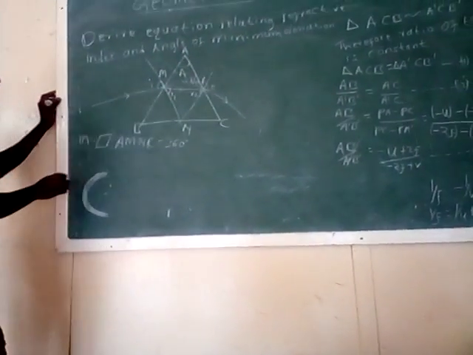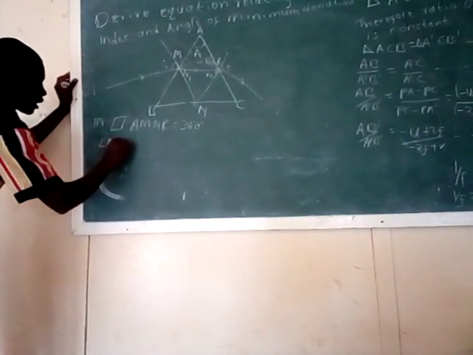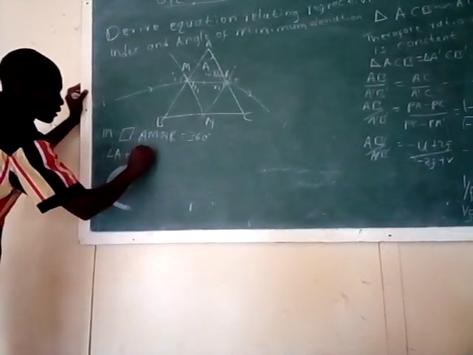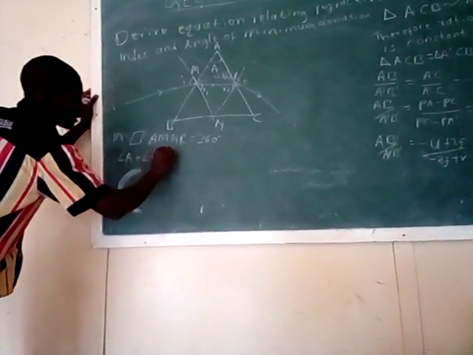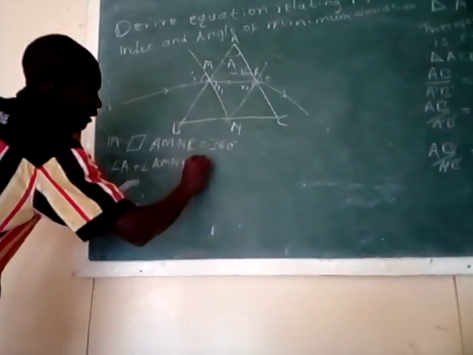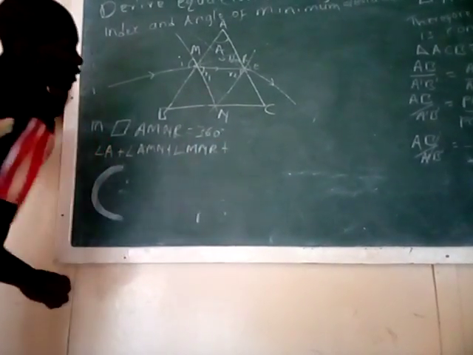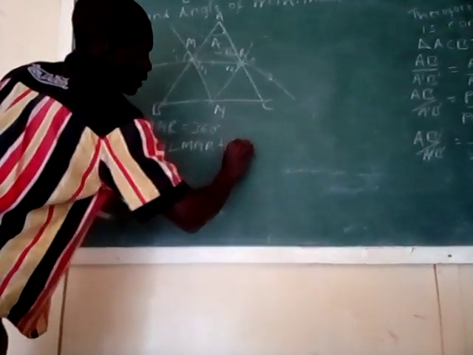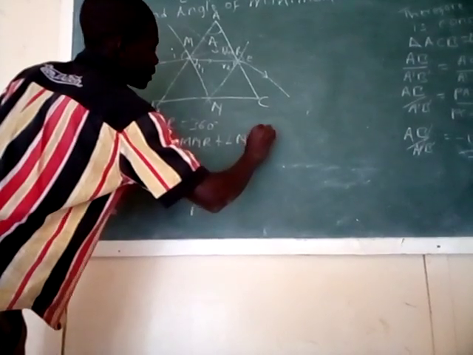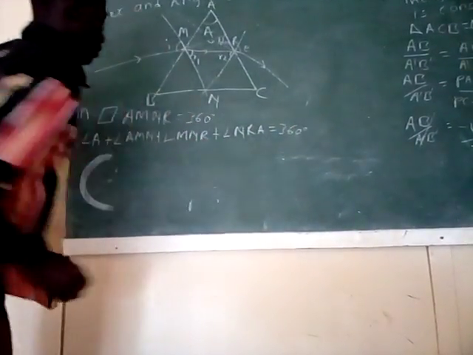So angle A plus angle AMN plus angle MNR plus angle NRA adds up to 360 degrees.